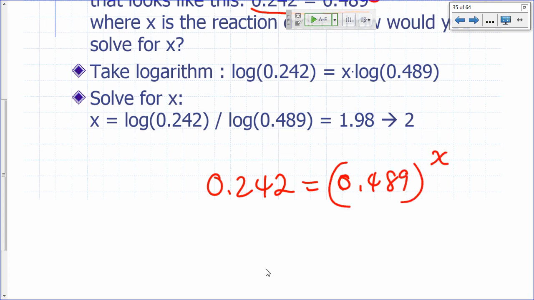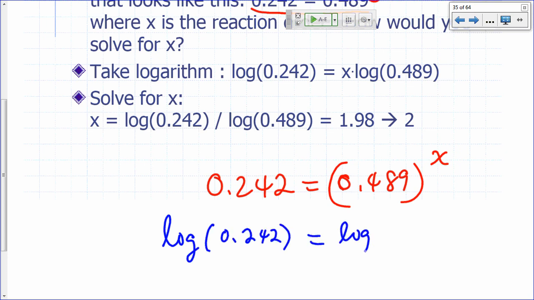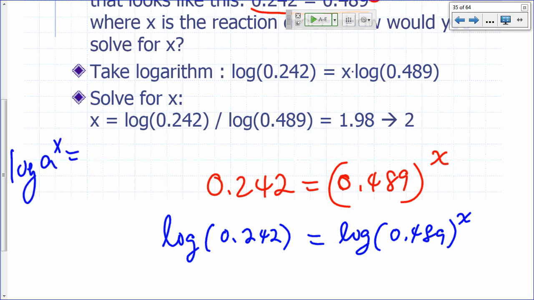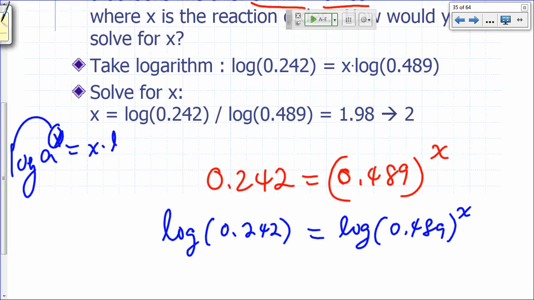So you take the log of both sides, so you say log of 0.242 equals the logarithm of 0.489 raised to the power x. Okay, review of logarithm. Log of a to the x is equal to what? I can move my x to the front. It's going to be equal to x times log of a.